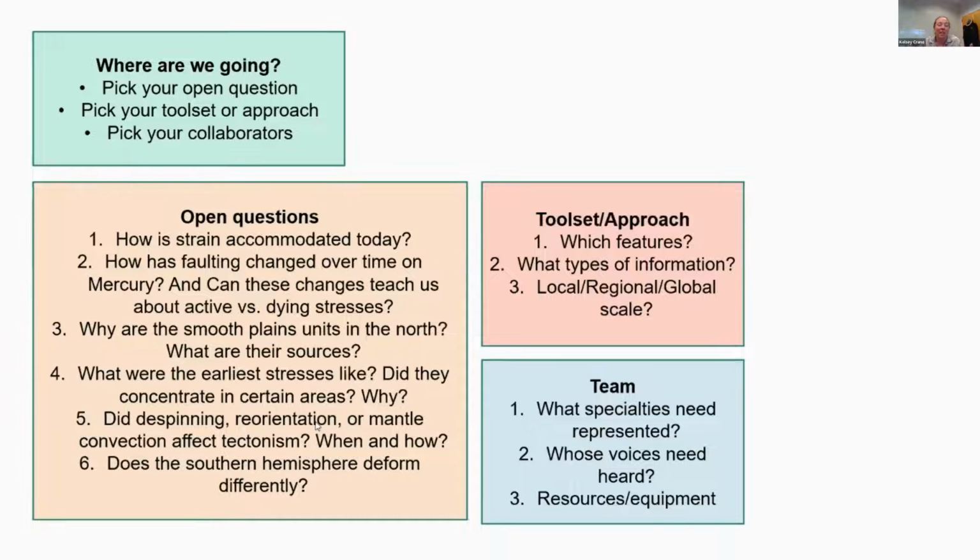We are all thinking about interdisciplinary questions, and our tool set or approach is Earth analog analysis, modeling, mapping, and statistics. You can't just stop with one question, and you can't just stop with one approach. You're going to end up with an integrated team.